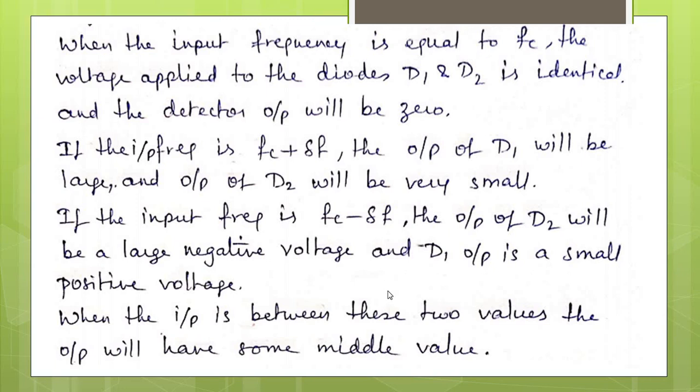So this is the third case. Now in the fourth case, if you apply an input between both of these two values, that is the mid value between Fc plus delta F and Fc minus delta F, in such case the output will have some middle value of both of these two outputs, that is the outputs in the second case and the third case.